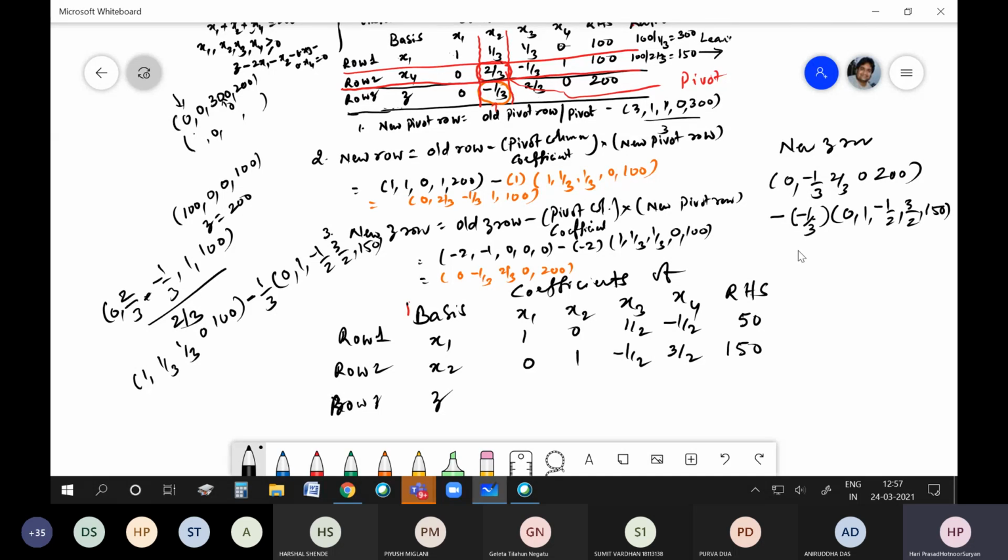This works out to be 0, 0, half, and 250.